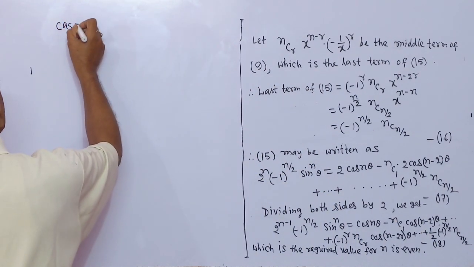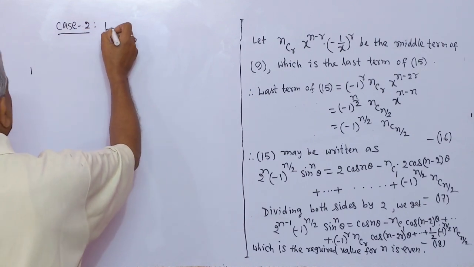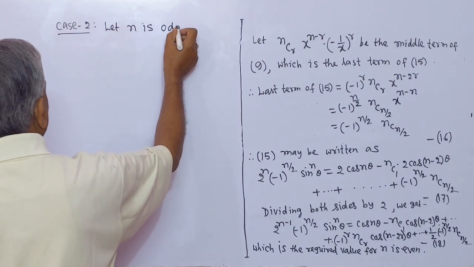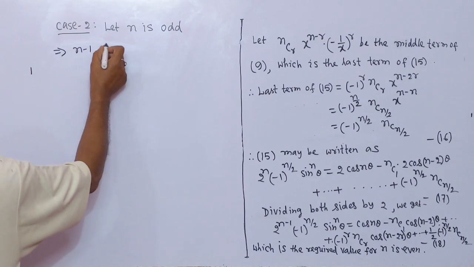Case 2. Let n be odd, which implies that n minus 1 is even.